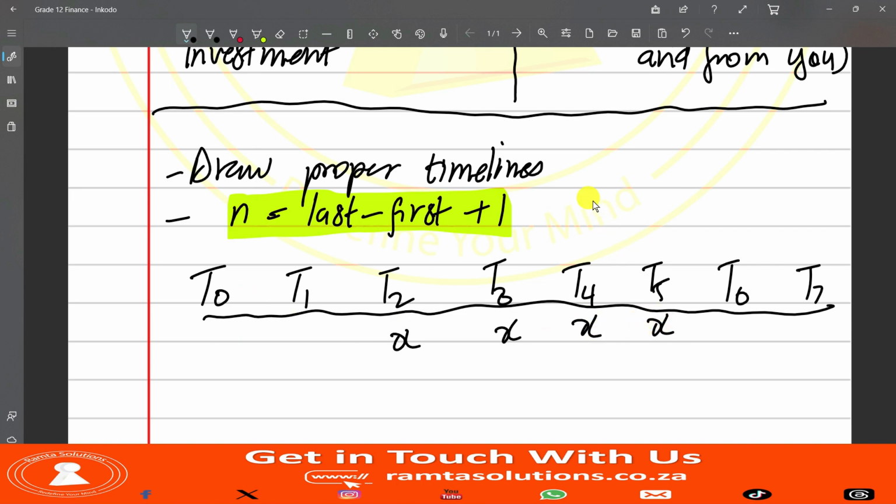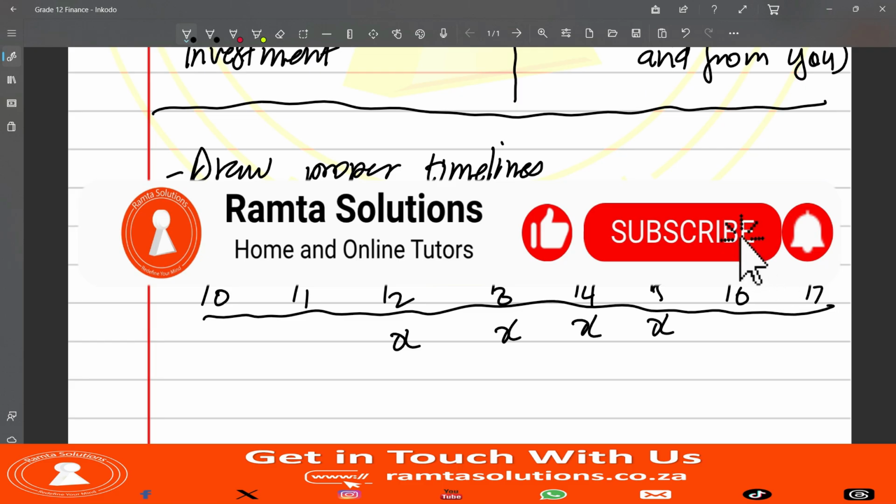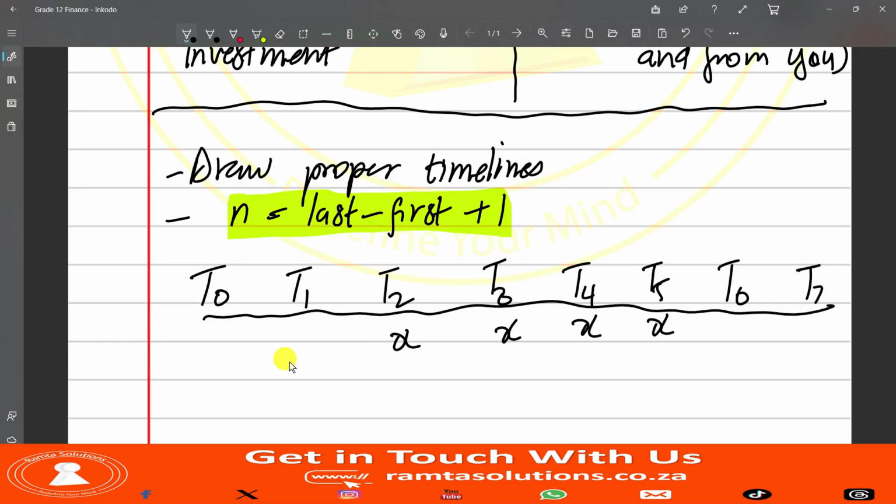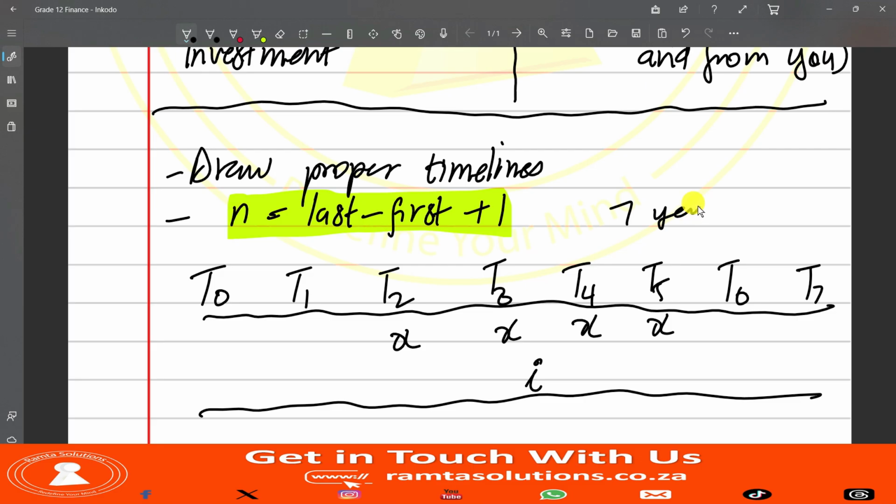Yet you had said, for example, that you're investing for 7 years, and interest is I% per annum.